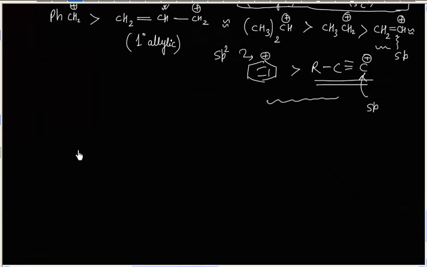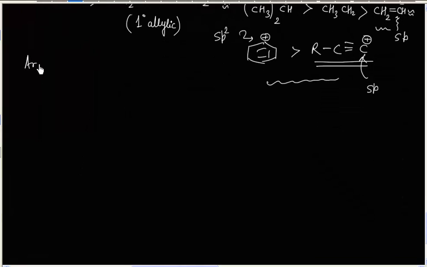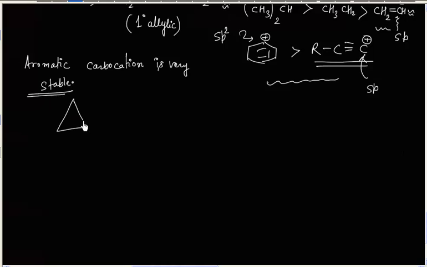Another important point we have, that is aromatic carbocations are very stable. So aromatic carbocation is very stable. So sometime carbocation can be aromatic also. So this is a carbocation, but this carbocation is aromatic because it satisfies the condition of aromaticity, that is 4n plus 2 rule.